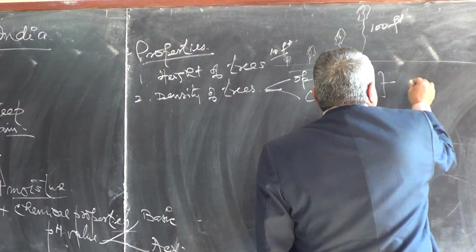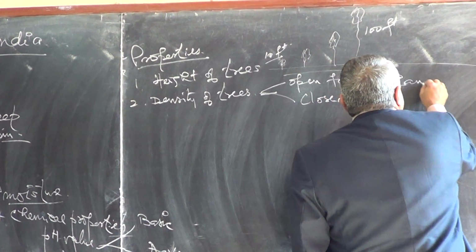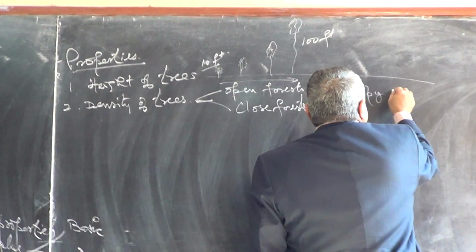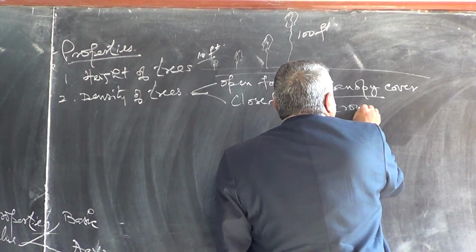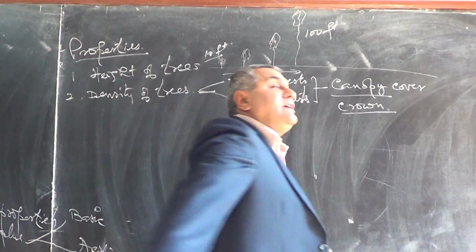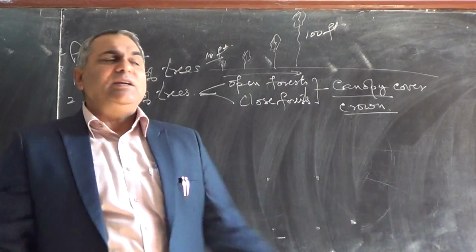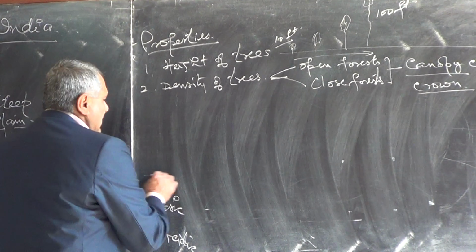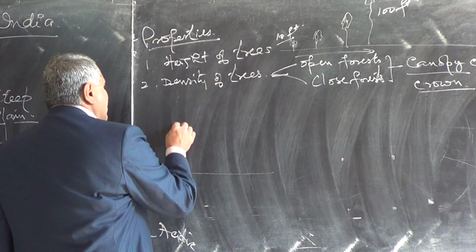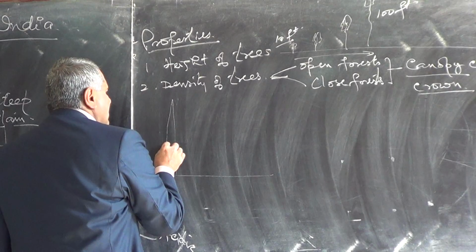Open and closed forest, you must know in canopy coverage. Canopy means crown. Crown means foliage. Foliage, how much area? Like sometimes we have the tree. Suppose this is one of the tree. Say a conical Devdar tree.